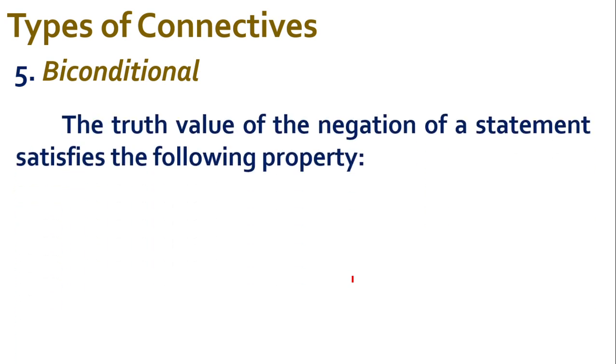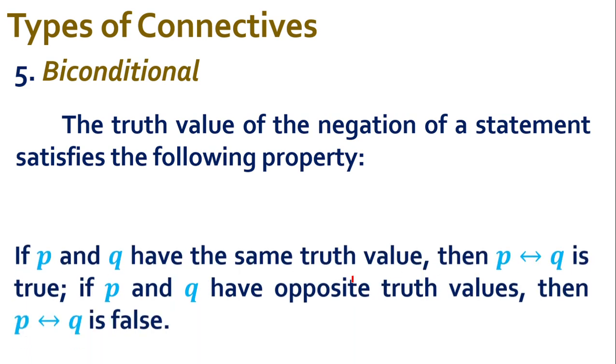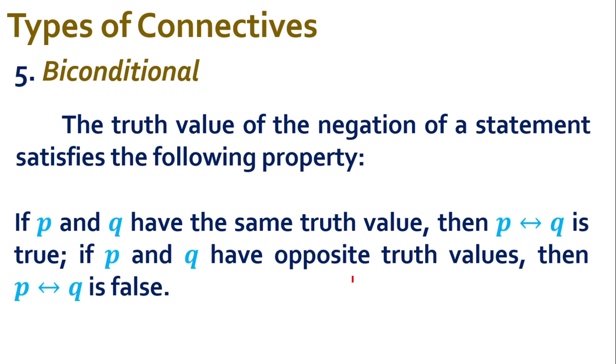The truth value of the statement satisfies the following properties. If P and Q have the same truth value, then P if and only if Q is true. If P and Q have opposite truth values, then P if and only if Q is false.